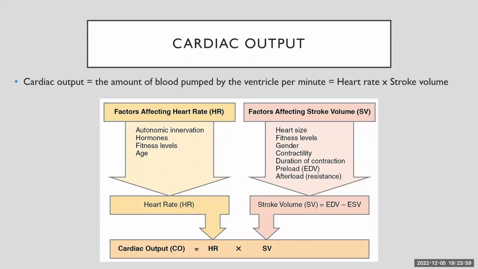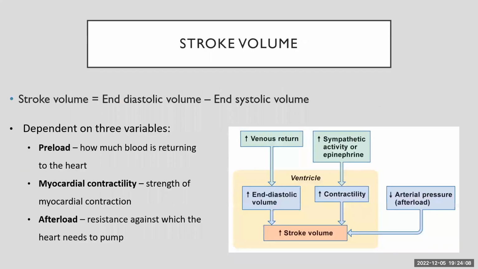There is obviously the key three, though, which are preload, afterload, and contractility. So stroke volume is essentially the difference between end diastolic and end systolic volume, and good left ventricular function is represented by an ejection fraction, a proportion of blood being ejected, in the region of greater than 60 to 65%. So what are these three variables I alluded to?